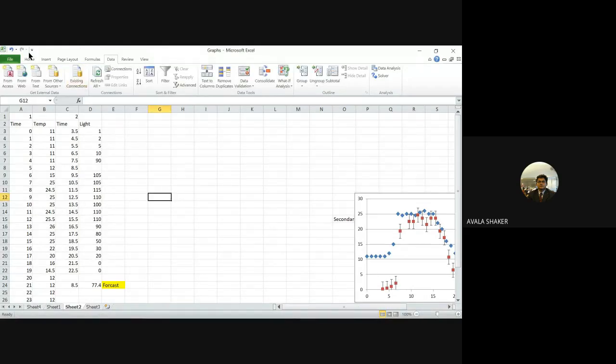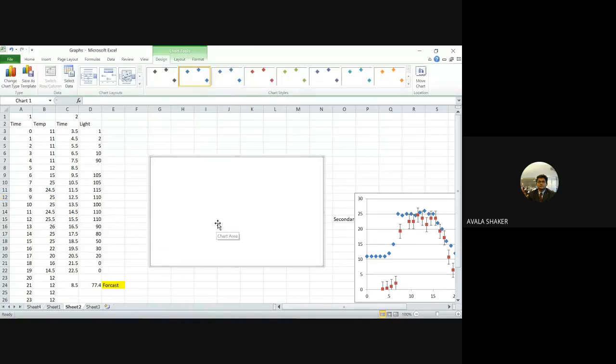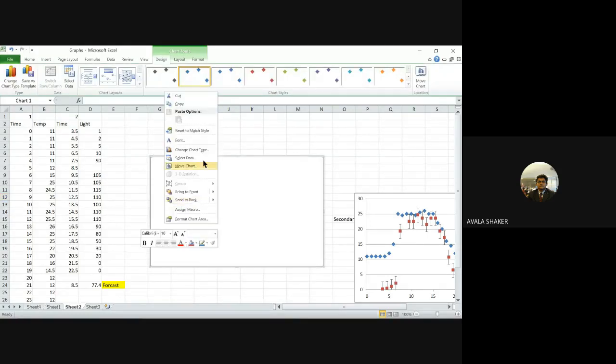Let's say insert the scatter. You have the XY scatter. Select the data.